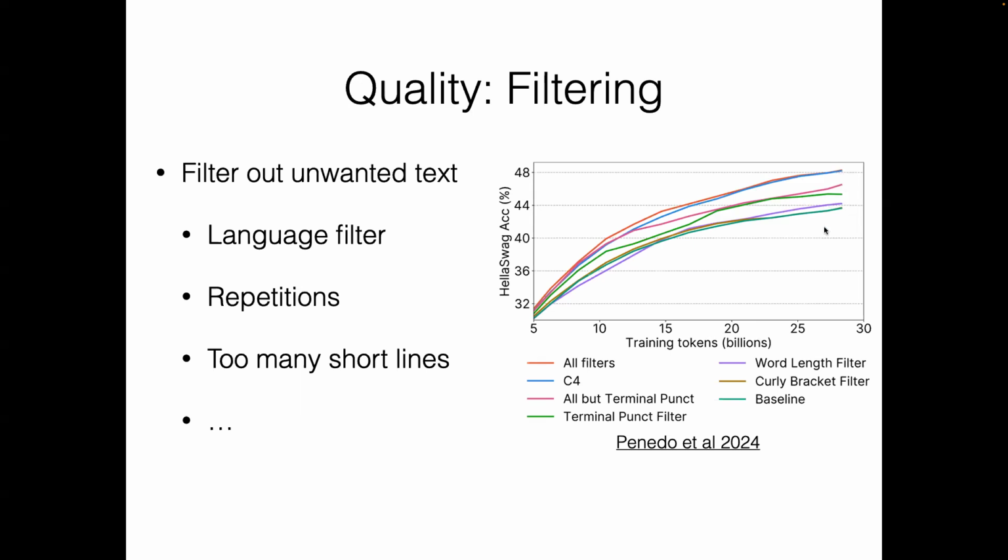Again, here they demonstrated that using different filters or excluding them can lead to non-trivial variations in performance when you pre-train a model.